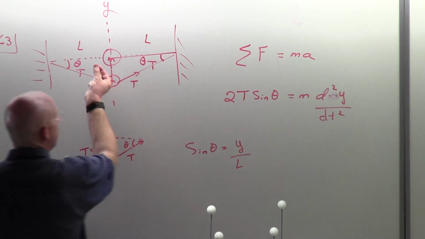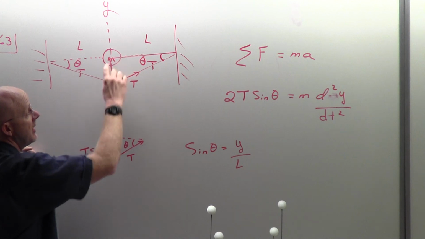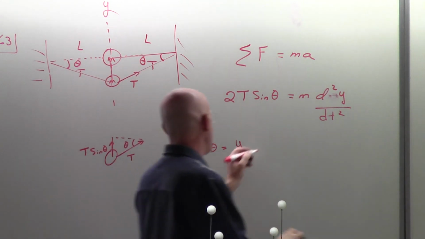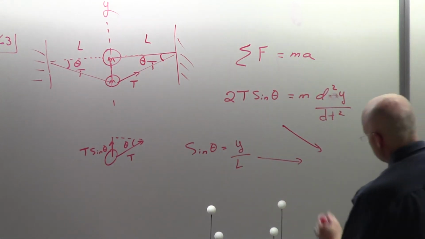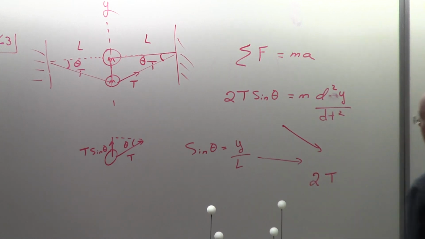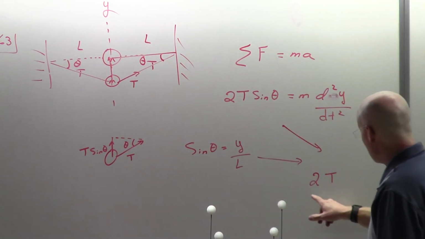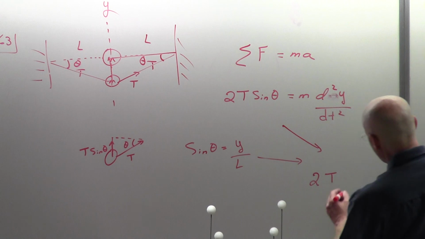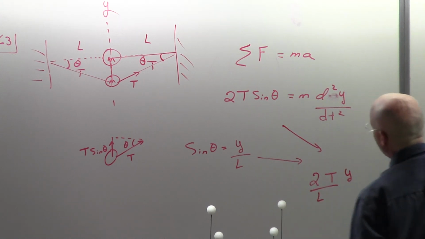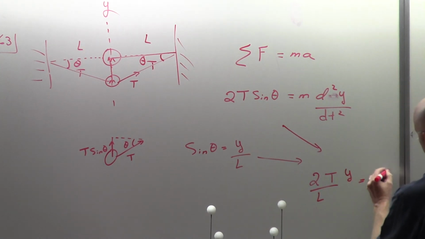When you pull it off here at an angle, this is y, this is L. And so when I put these two equations together, I get 2 times the tension. And I want to emphasize that. You see that capital T? Didn't we have another capital T all day long? Period? Okay, so careful not to mix those two. But this, as I said, is the T for the tension. So this is twice the tension, y over L, equals m d²x/dt².